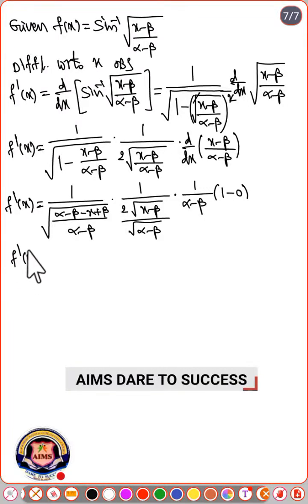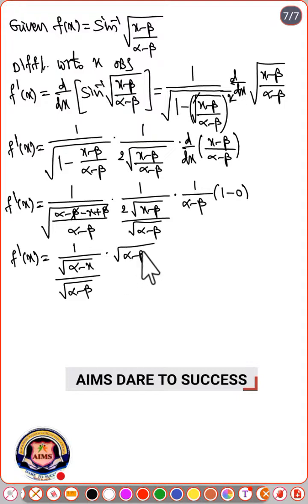So f dash of x is equal to, my dears, plus beta minus beta get cancelled, so 1 divided by under root alpha minus x, and this root you can apply individually, divided by root alpha minus beta into 1 by 2 root x minus beta by root alpha minus beta, so this can be written as, this going to the numerator, that is alpha minus beta divided by 2 into root x minus beta.